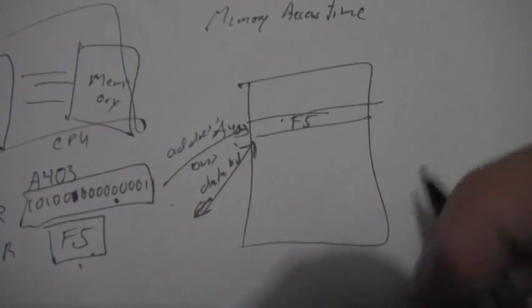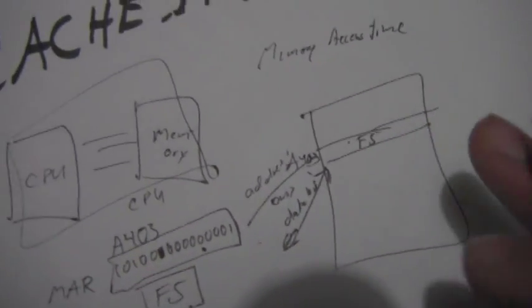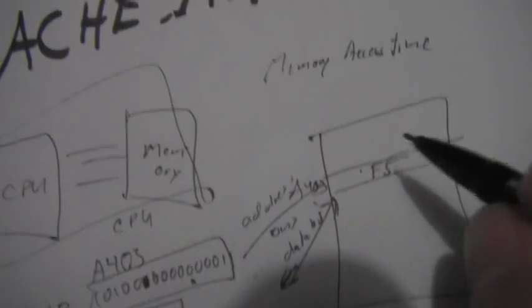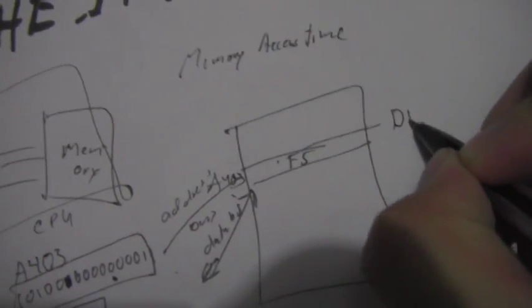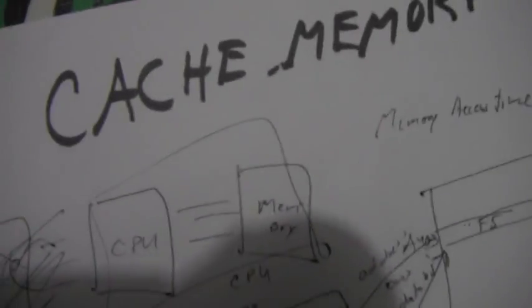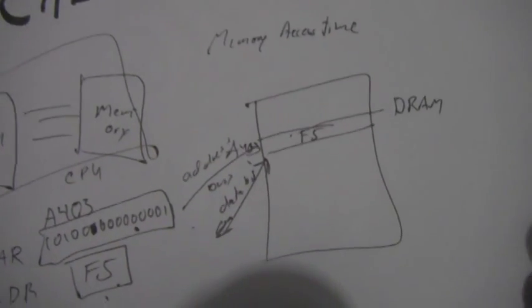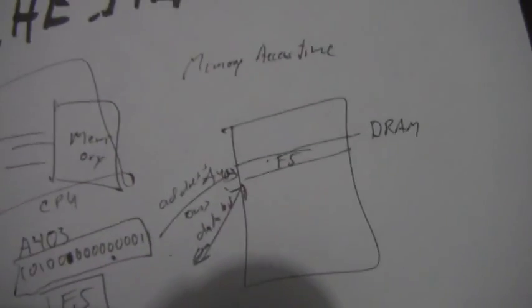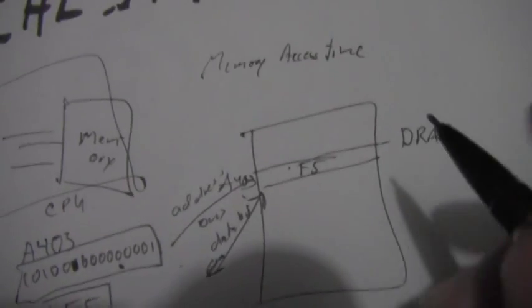And usually, well, here's the thing. Main memory, the RAM of your computer, uses dynamic RAM, which means it has to refresh a lot since it changes a lot. It uses capacitors, which means it's very slow.